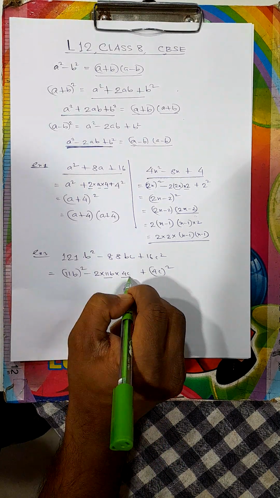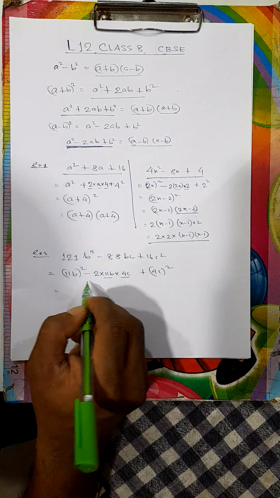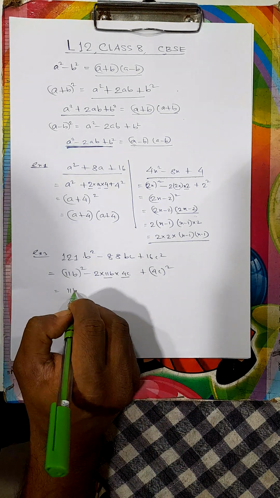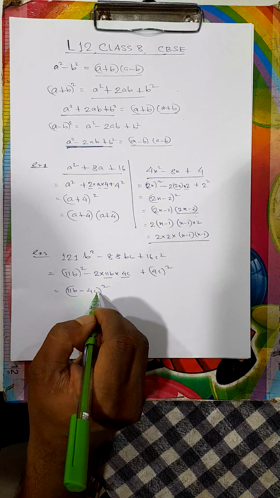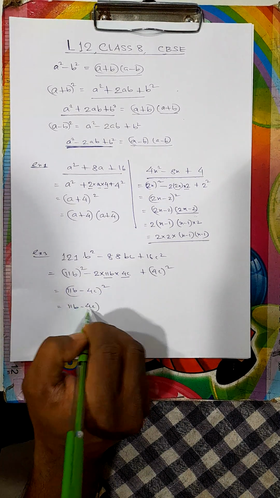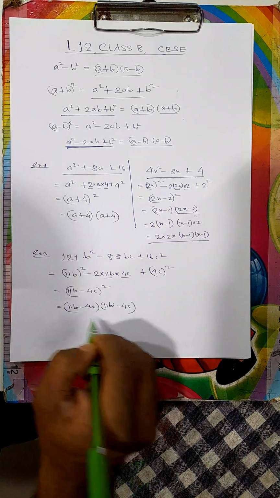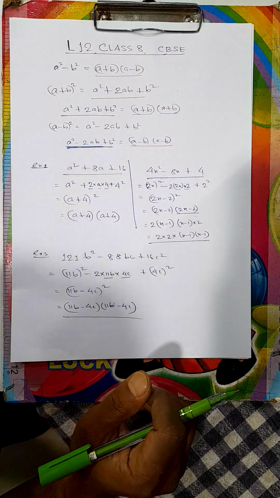So this is a square minus twice ab plus b square. That means you can write it as a minus b whole square, first term minus second term whole square. So 11b minus 4c, again 11b minus 4c. This is the factor form of this trinomial, right?